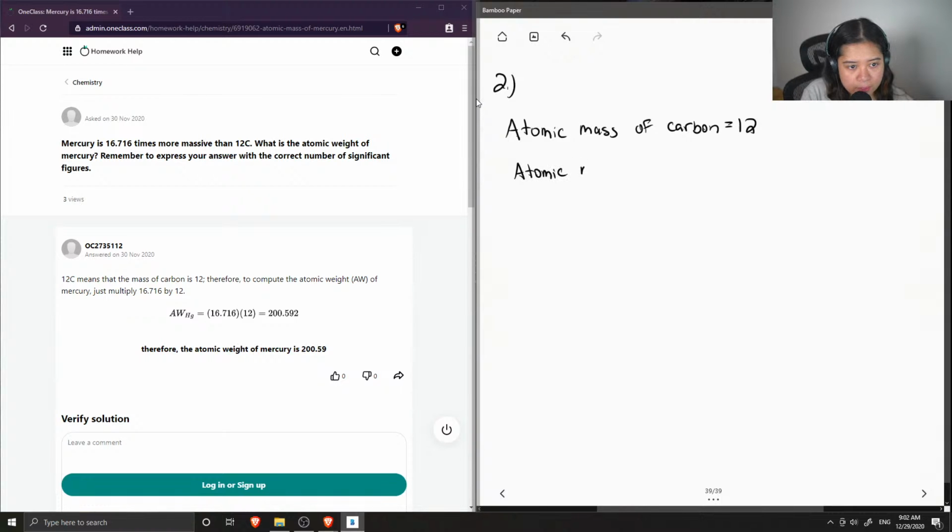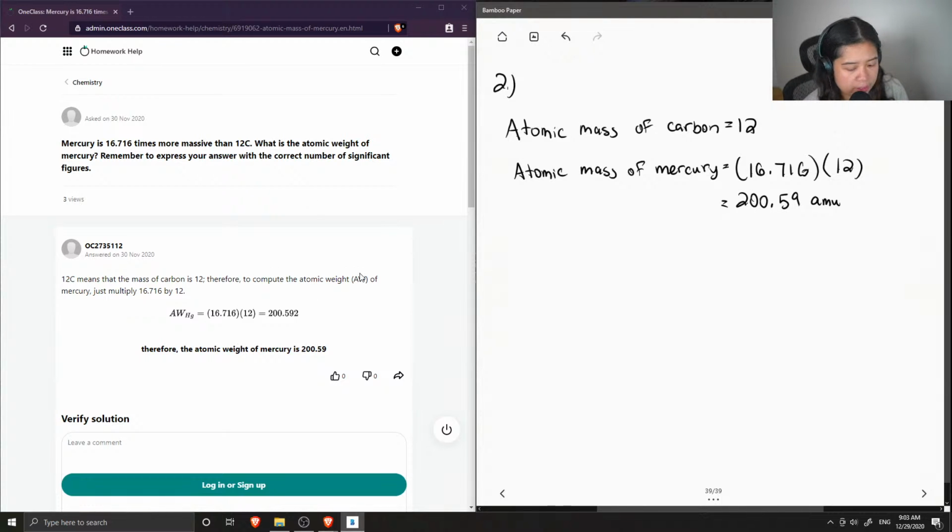So the atomic mass of mercury is equal to 16.716 multiplied by 12, which is equal to 200.59 atomic mass units.